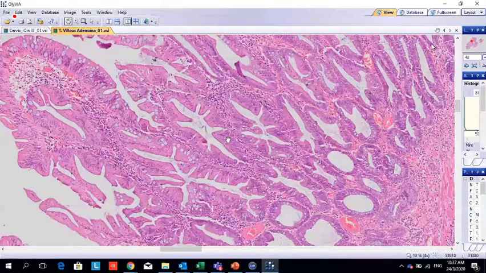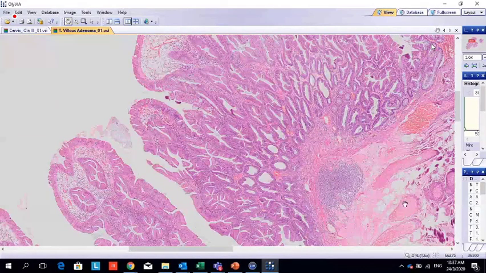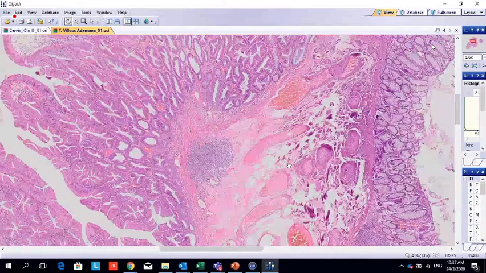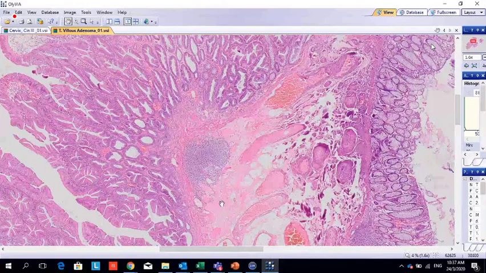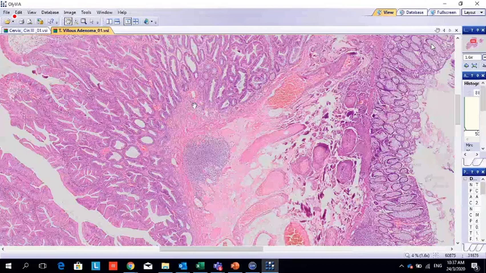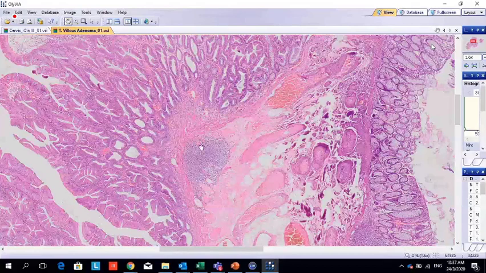So this is the stalk, or the connective tissue support. It contains collagen fiber and blood vessels. If there is invasion into this stalk, if we see some glands inside the stalk, that means there is invasion.